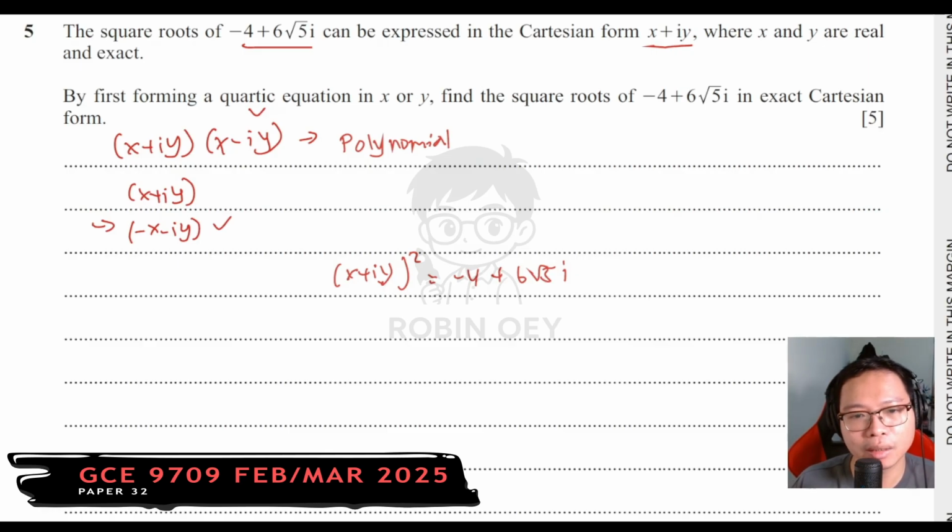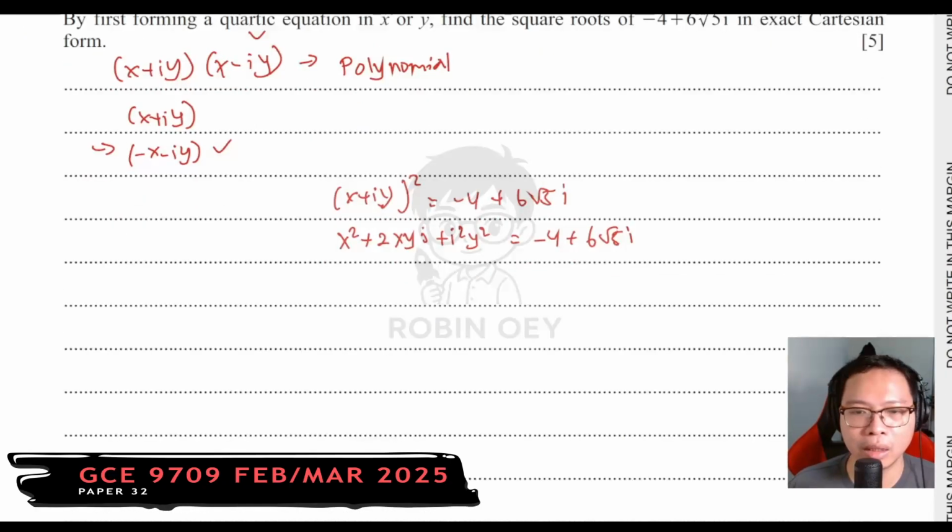So in this case I just use x plus iy squared, so x squared plus 2xyi plus i squared y squared equals negative 4 plus 6 square root of 5i. So we want to find two parts, the real part and the imaginary part, and then equate them with our final expression.